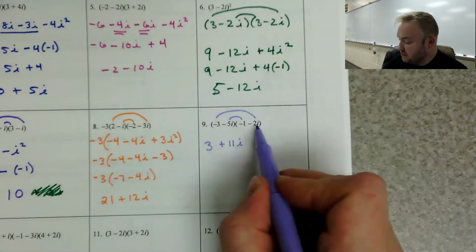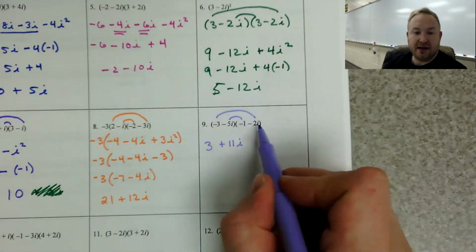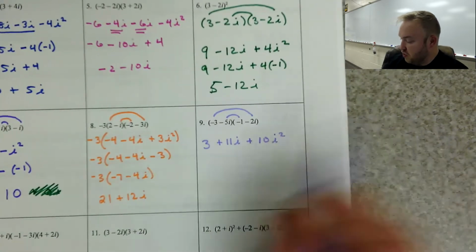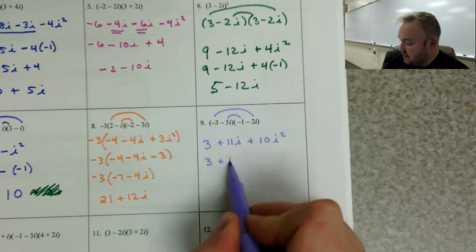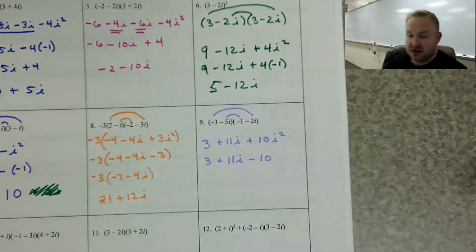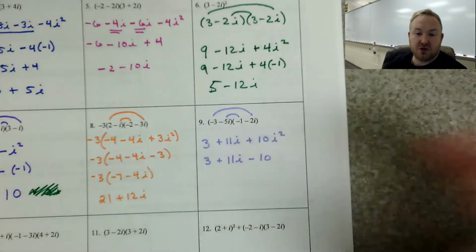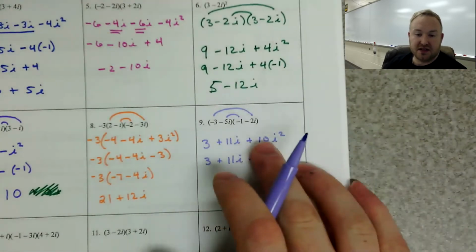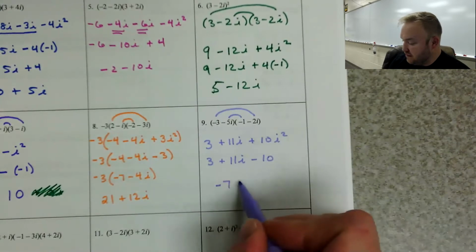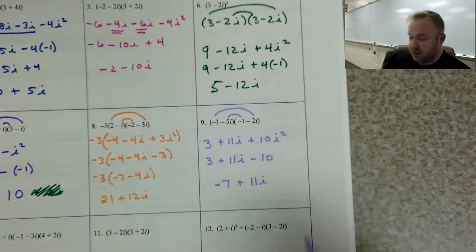Now last times last is negative 5i times negative 2i, which is positive 10i squared. Now, like I said last time, anytime we see something times i squared, it's really just going to change its sign, right? 10i squared is just negative 10 because it's 10 times negative 1. And then 3 minus 10 is negative 7, so we have negative 7 plus 11i.